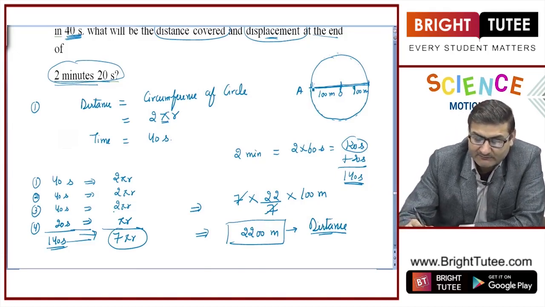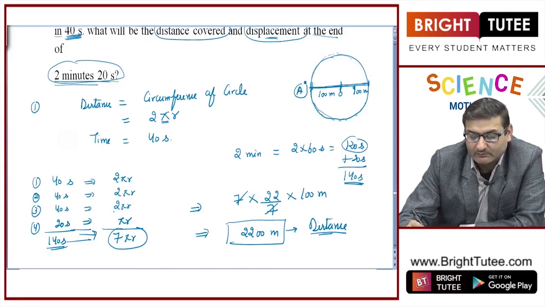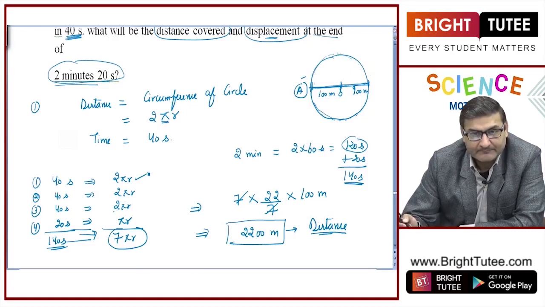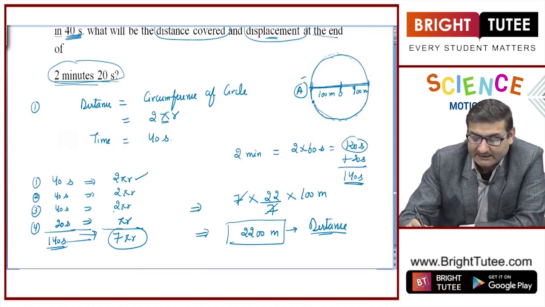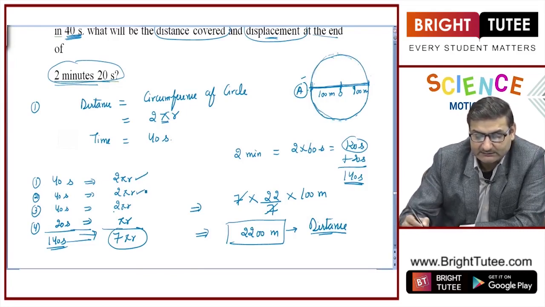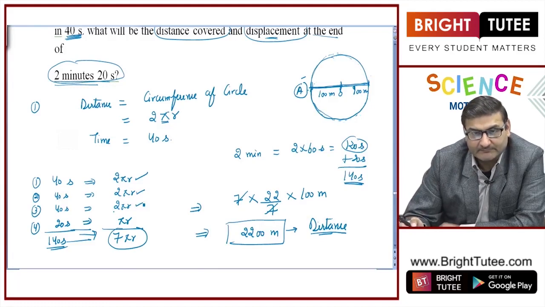In the first 40 seconds, this athlete starts from A, takes a full turn and comes back to A, first turn. Another 40 seconds, he once again comes back to A, second complete turn. Third time also another 40 seconds, third complete turn.